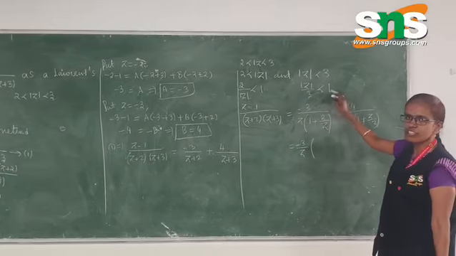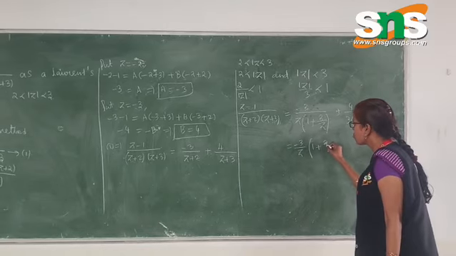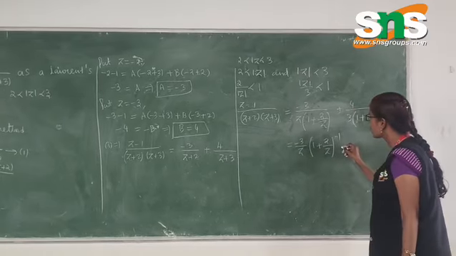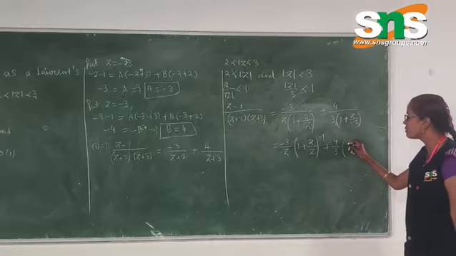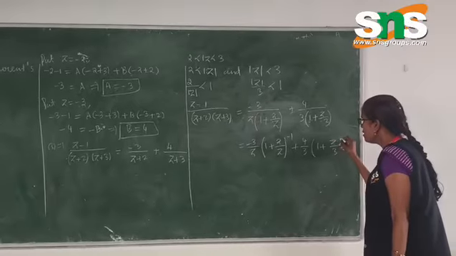That equals minus 3 by z, with the bracket 1 plus 2 by z the whole power minus 1, plus 4 by 3, with 1 plus z by 3 the whole power minus 1.